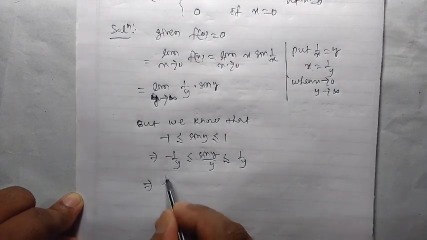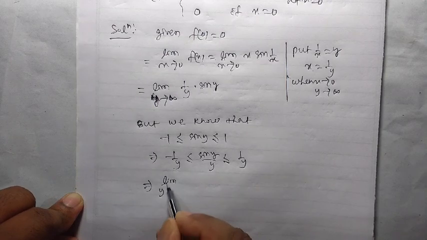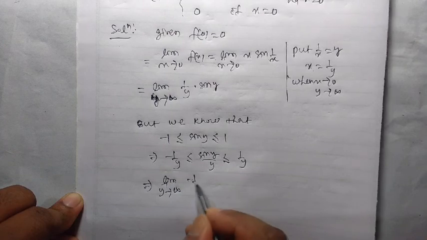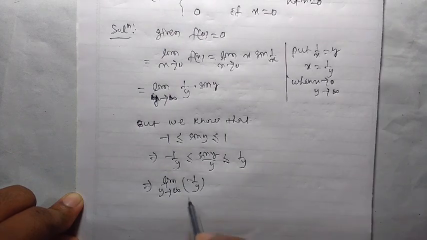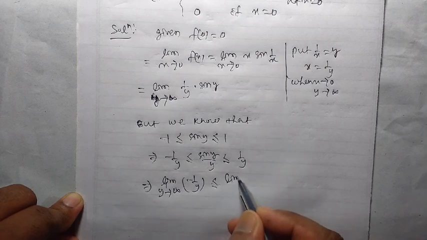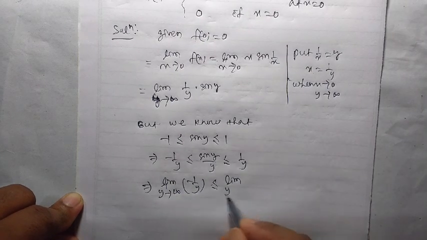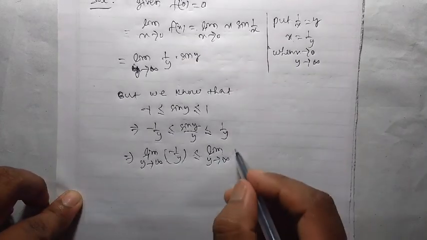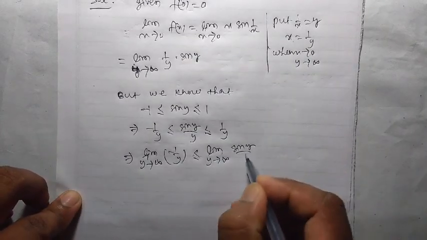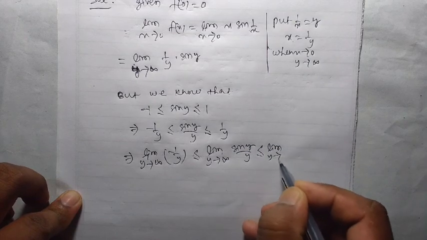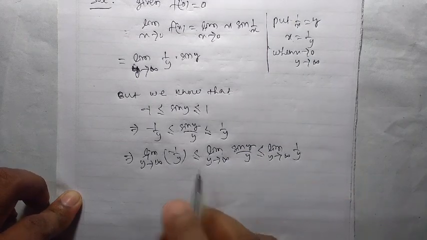Taking limit y tends to infinity: limit y tends to infinity minus 1 by y is less than or equal to limit y tends to infinity sin y by y is less than or equal to limit y tends to infinity 1 by y.